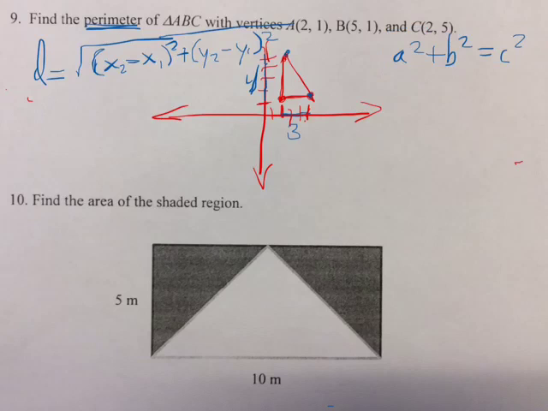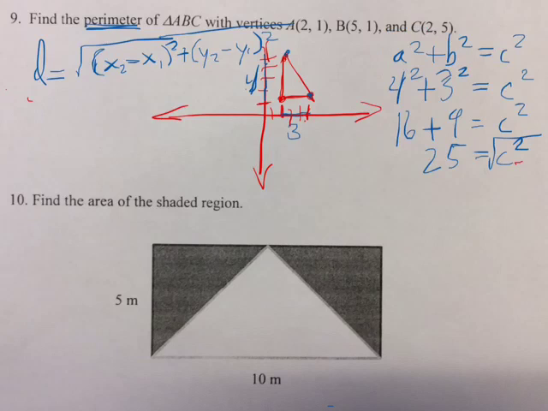So both of these are legs, the 4 and the 3. So I can put the 4 squared here, plus 3 squared is equal to c squared. 4 times 4, 16. 3 times 3, 9, which equals c squared. This is going to equal 25. Square root both sides. Square root of 25 is 5, which equals c.